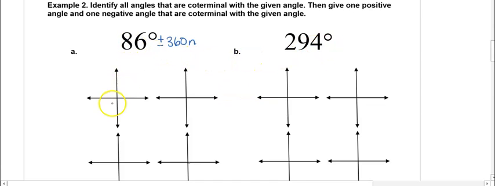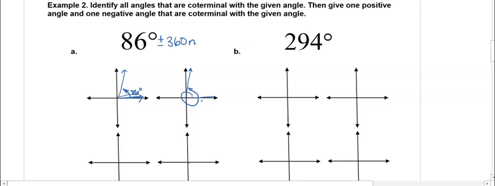Then what we're going to do here is 86 degrees. Well, that's approximately, maybe a little steeper than that, but it's approximately right there. This is really hard to draw on this little sketch pad. So we're saying that this right here is 86 degrees. To find something coterminal to it, I'm going to draw the exact same line, and instead of being at 86 degrees, I'm going to go a full 360 and go there.